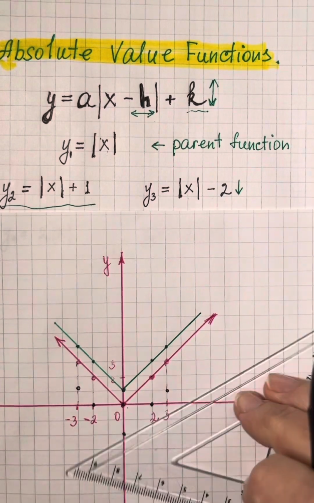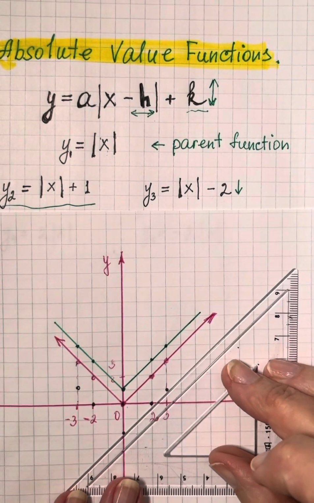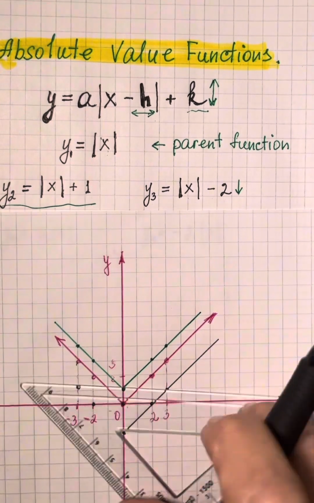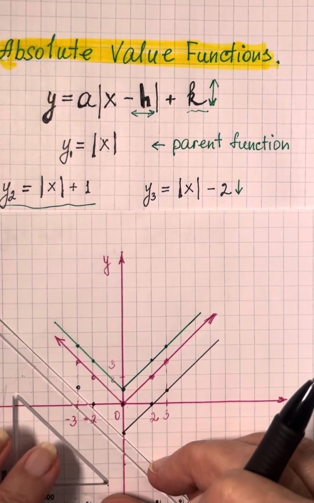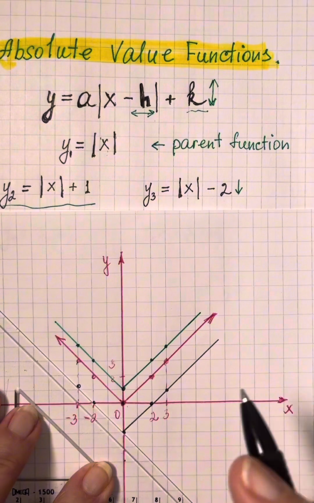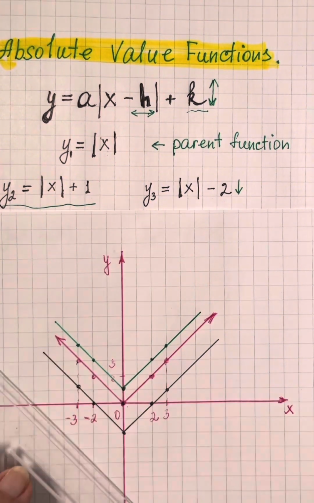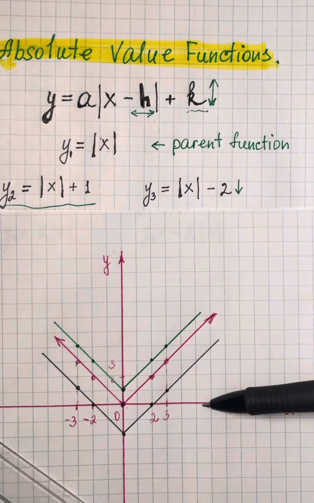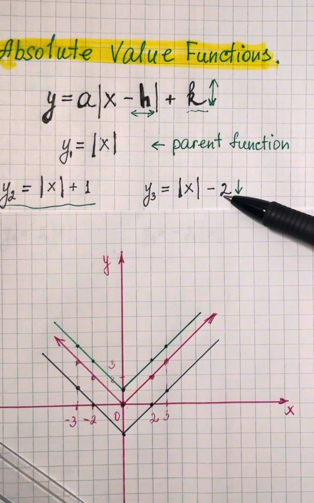And then when we connect all these points, you will see the transformation of the parent function by shifting each point by 2 units down, because of that negative sign.